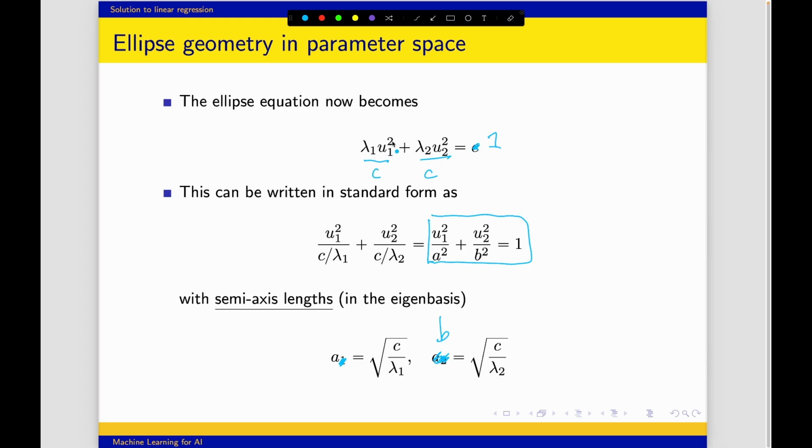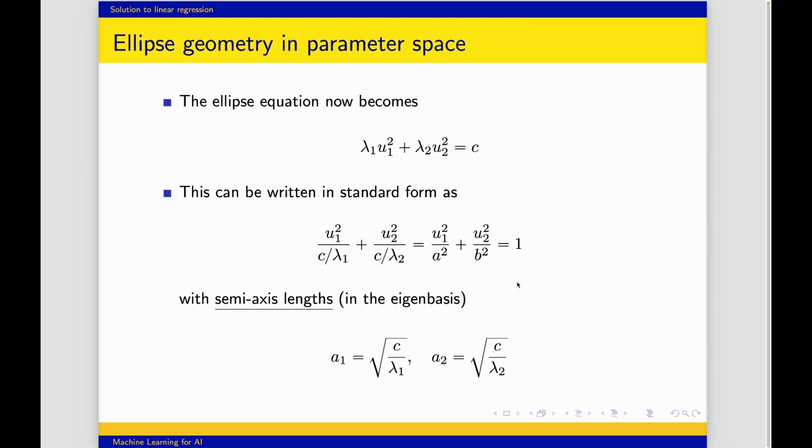Then we get this divided by C over lambda 1, and this divided by C over lambda 2. And so A is the square root of C over lambda 1, and B, the other semi-axis, is of length the square root of C over lambda 2.